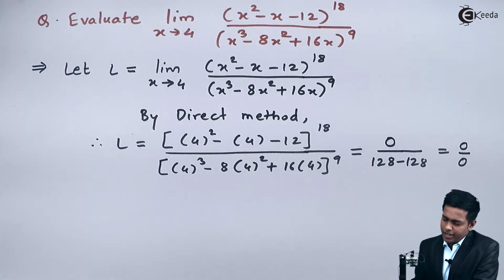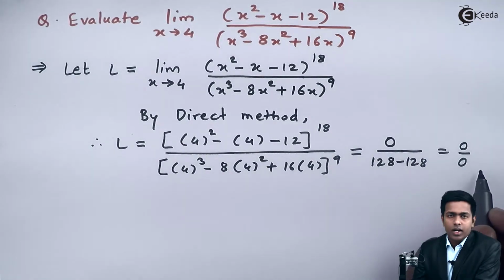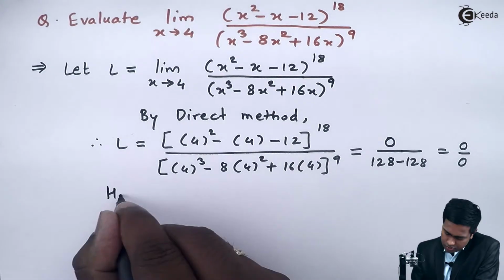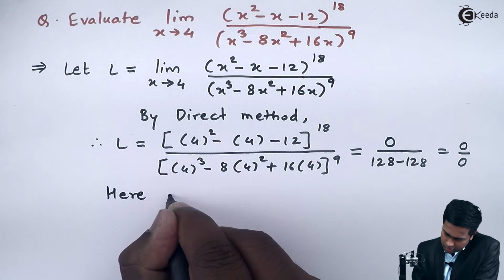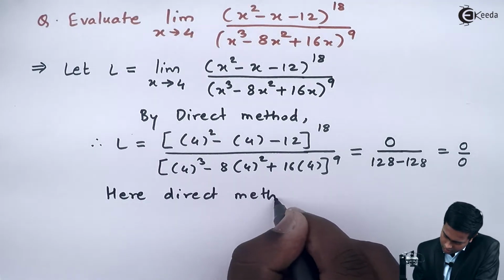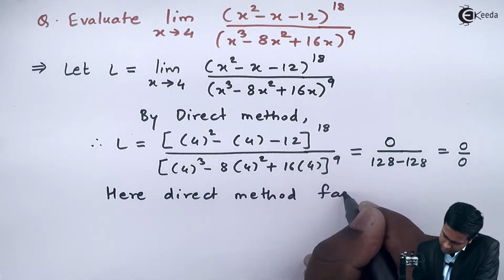So whenever we get 0 upon 0 by direct method, we say direct method fails.